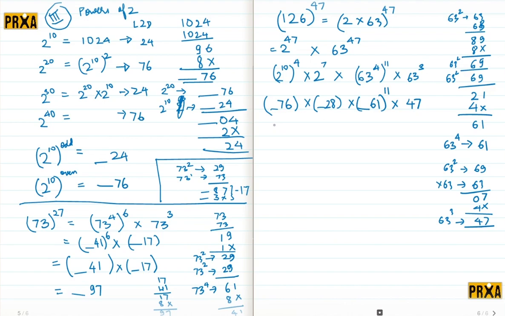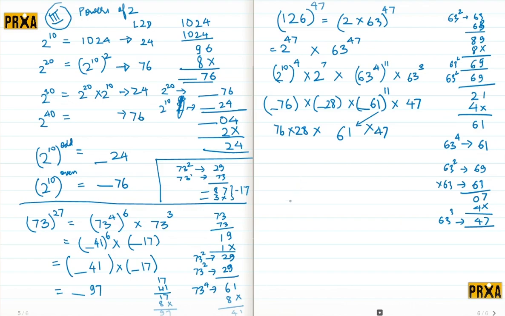So this is 76, this is 28, this is 61 to the power 11, I'll just straight away write 1 from here, and 6 11 the 66, so 6 here, times 47, right? So I just have to compute the last two digits of this product.